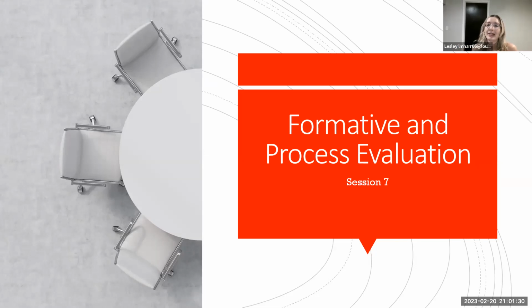And I just want to start out by saying in my class historically, 99% of the students do something called an outcome evaluation. So as you will read in the textbook this week, there are formative evaluations, there are process evaluations, and there are outcome evaluations.